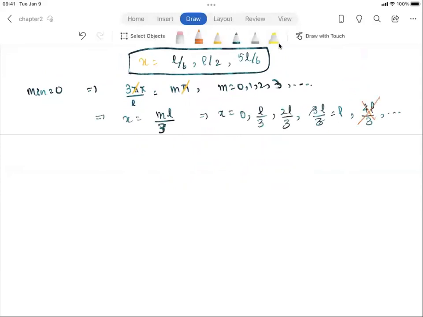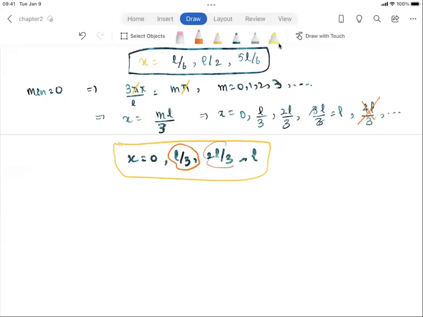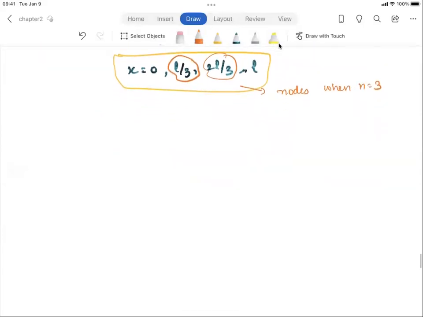Everything from 4L over 3 is invalid because it's outside the box. So at x equals 0, L over 3, 2L over 3, and L, you're going to see the minimum probability of finding the particle, where the wave function is 0, you don't actually find the particle. So these two are the nodes. They're in the middle of the box at L over 3 and 2L over 3.